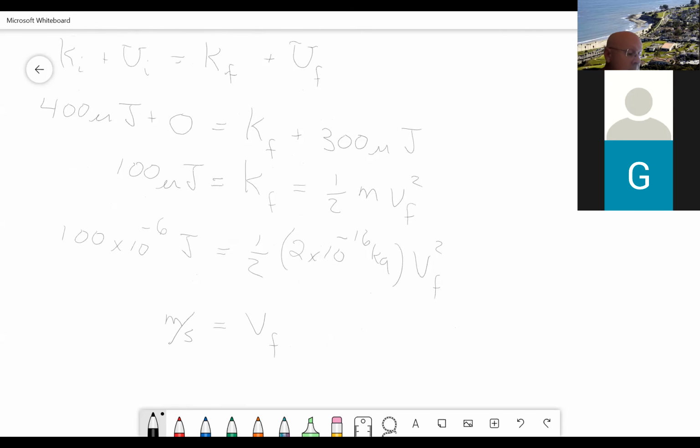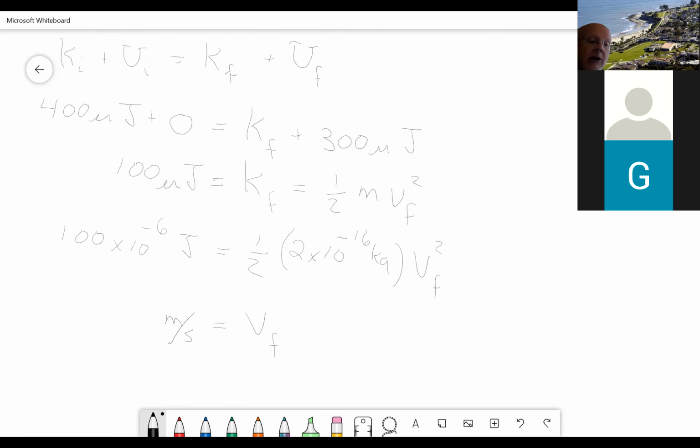Grabbing a calculator, I'll go 100 times 10 to the negative 6, multiply that by 2 as I bring it over, divide that by 2 times 10 to the negative 16, and then take the square root of all of that.